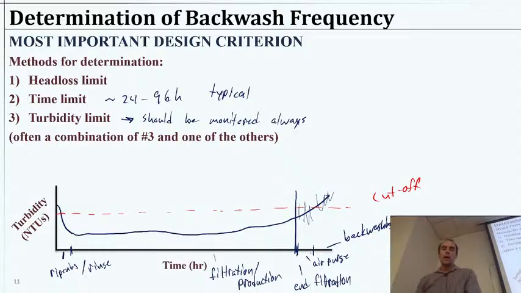So with the air purge and backwash, those two processes, we flush out a bunch of water, we clean the filter, and then finally at the very end, we will say that's the end of the cycle. So we'll start with the ripening or rinsing. We'll produce some water, we'll stop, and then we'll clean it up, and that's the end of one cycle.